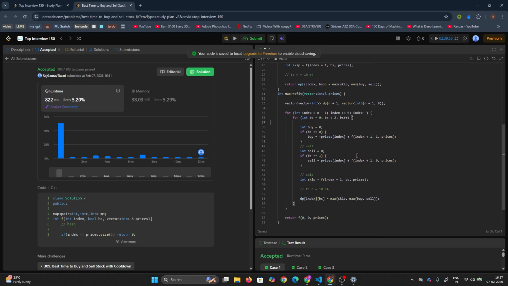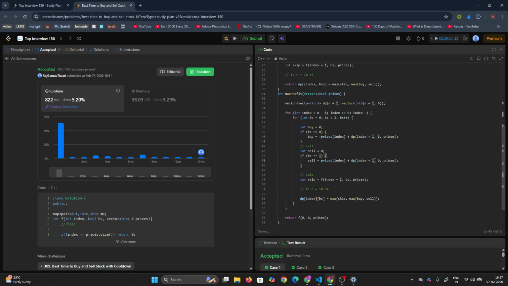Okay, yeah. So yes, you can see if buy is equal to 0 or bs is equal to 1, we would do the following, and instead of calling f, we would write a dp, and let us remove these brackets.